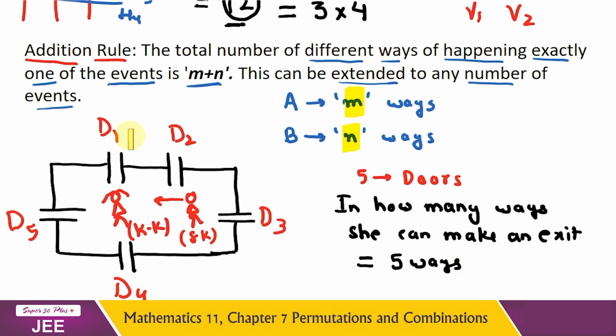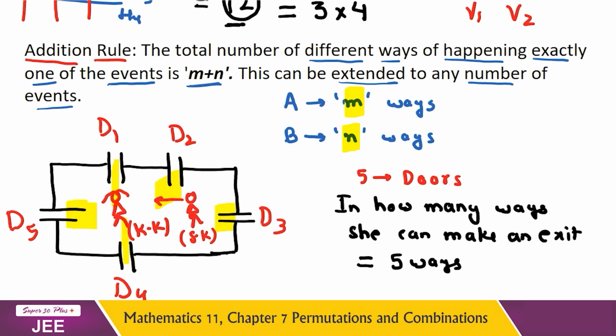Because there are a total of 5 gates. So at one particular moment she must have chosen exactly one of these 5 gates, either door number 1 or door number 2 or door number 3 or door number 4 or door number 5. In order to make an exit, she must have chosen exactly one of these 5 doors.